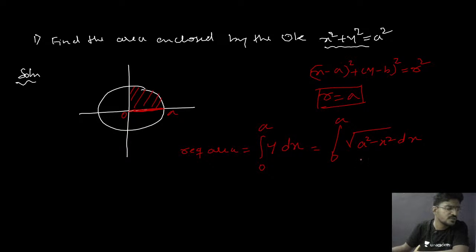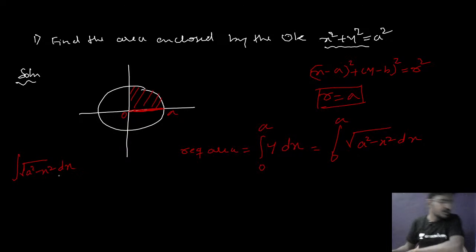So here formula of this particular integration from square root of a square minus x square you must know. Okay, so required area for complete circle is 4 times.